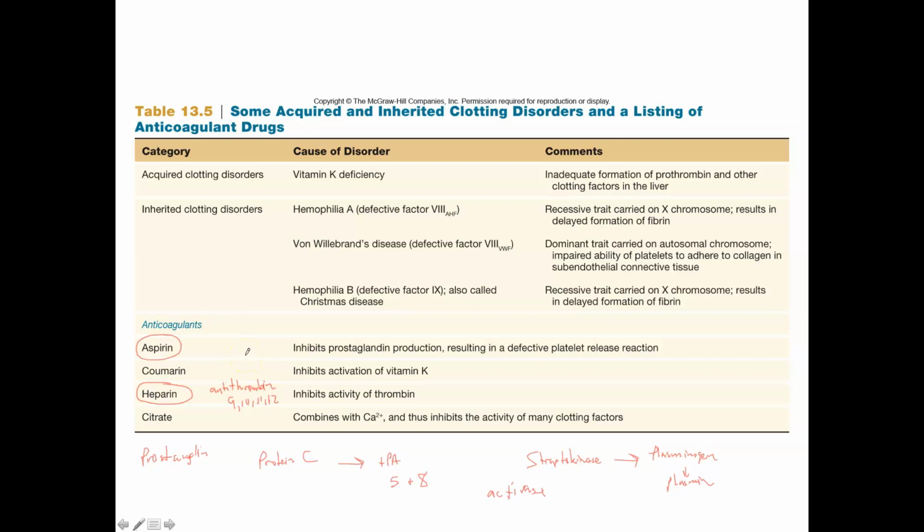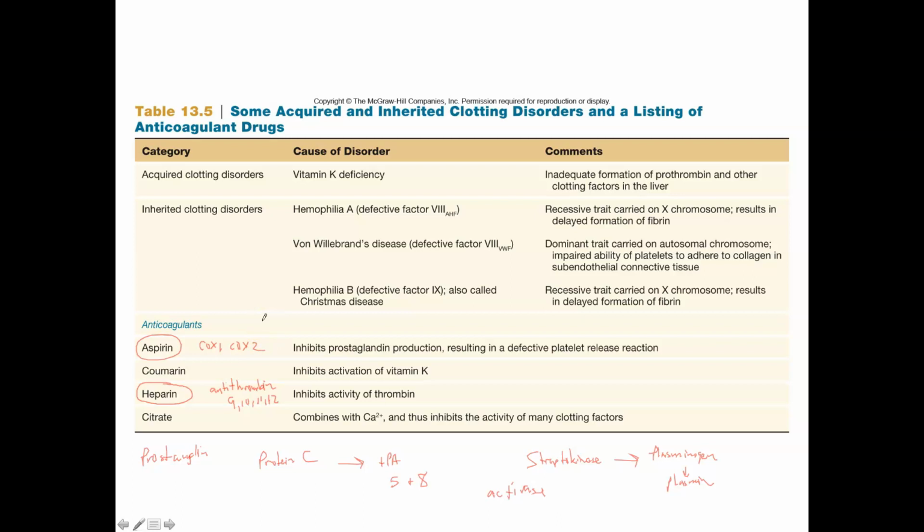Aspirin, or acetylsalicylic acid. This actually is a prostaglandin enzyme inhibiting chemical. So it inhibits prostaglandin production by inhibiting certain types of enzymes. Those enzymes that it inhibits are called COX-1 and COX-2 enzymes. That stands for cyclooxygenase enzymes.